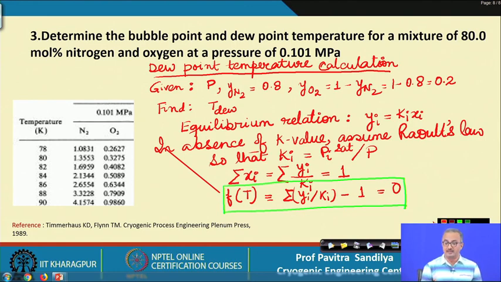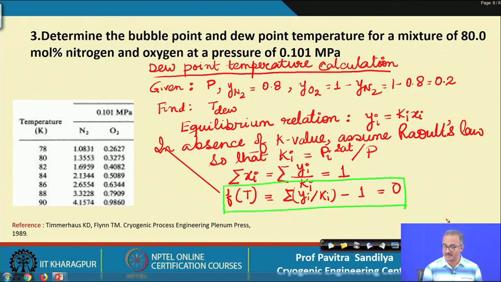Okay. And now this has to be done numerically, and for that we have to make some initial guess temperature, and that guess temperature may be taken to be some kind of average temperature of the boiling points. Like at 1 atmosphere, the boiling point of liquid nitrogen is 77 Kelvin and that of oxygen is 90 Kelvin.